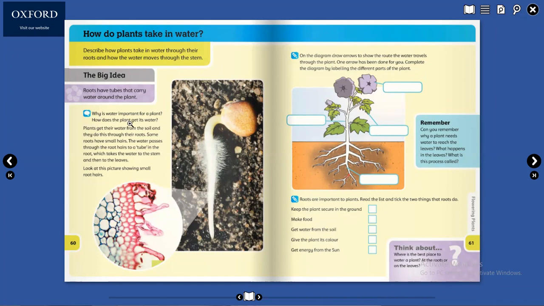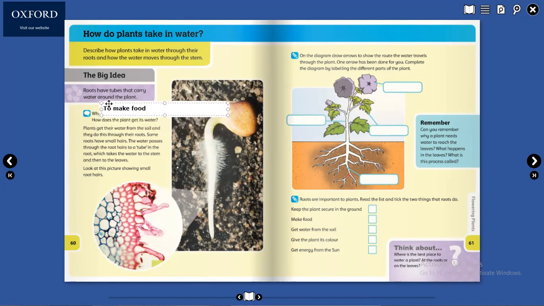Why is water important for plants? Okay. How does the plant get its water? Okay, you will write here. Why is water important for the plant? To make food.